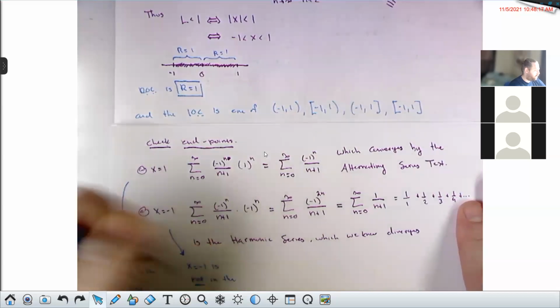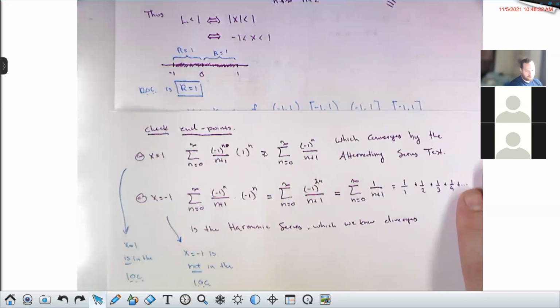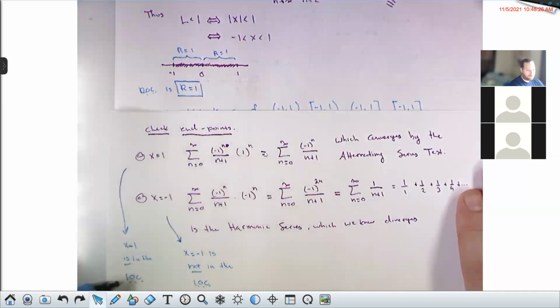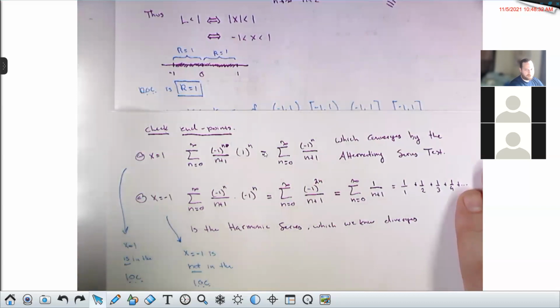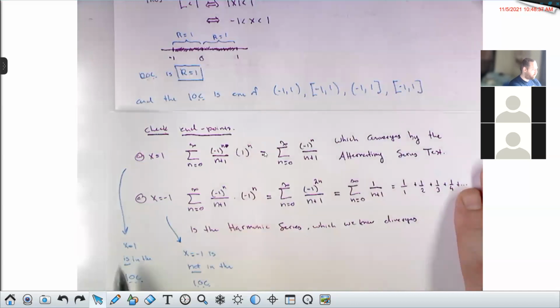Remember, the IOC, the interval of convergence, is all the x values for which the series converges. So if your series does converge when you plug in an x value, that number is in the IOC. If your series does not converge when you plug in an x value, that means that number is not in the IOC. So which one of these does contain 1 and does not contain -1?